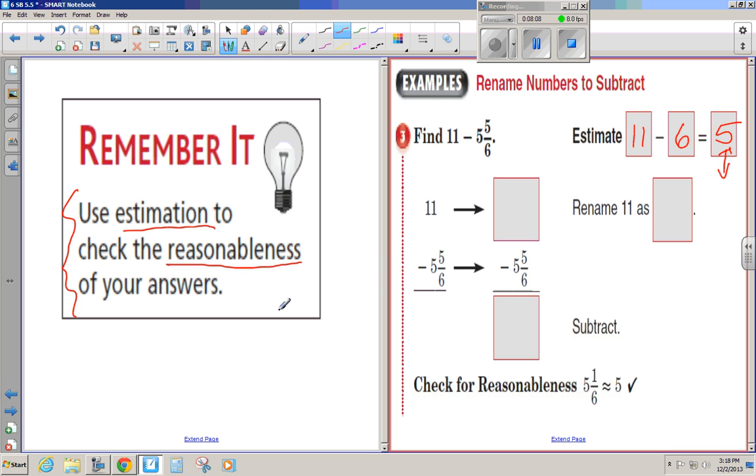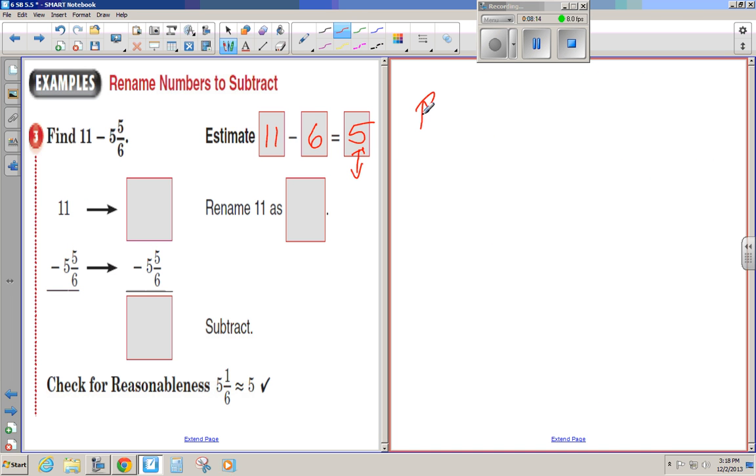All right, renaming. I'm going to have a whole slide by itself here. So renaming a fraction or a whole number. So I'll just say rename a fraction. All right.